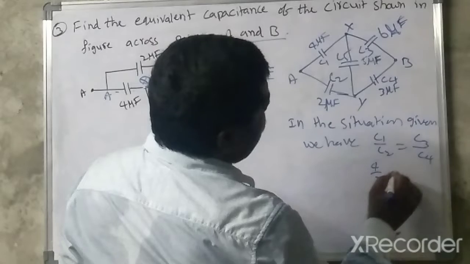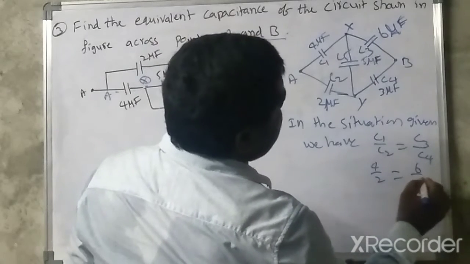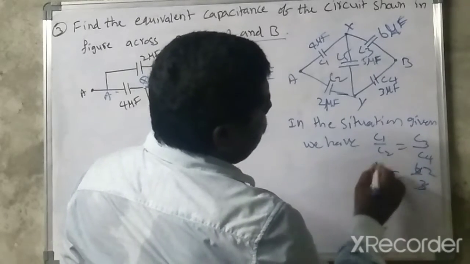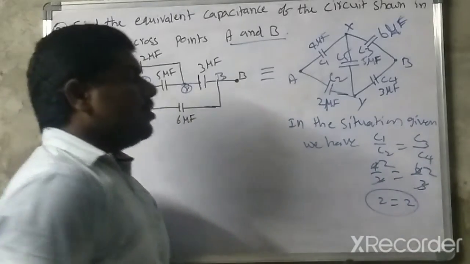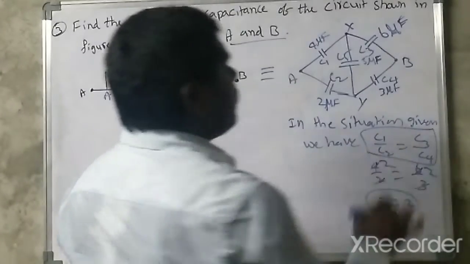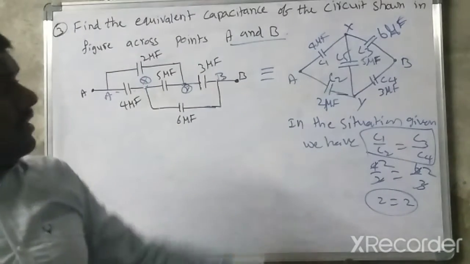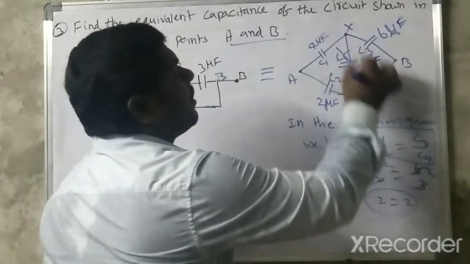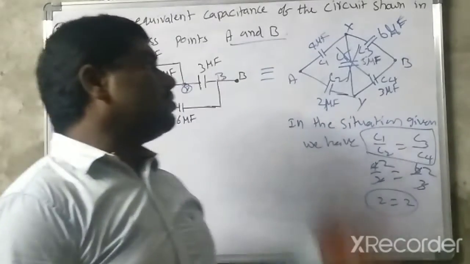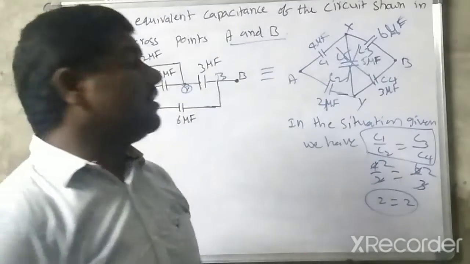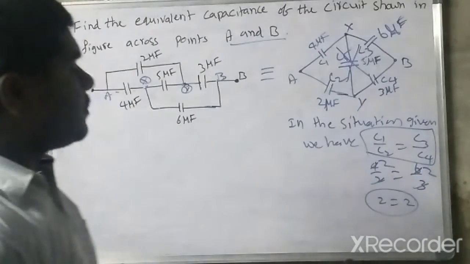So 4 by 2 is equal to 6 by 3. This is the 2, this is the 2. So 2 is equal to 2. It means the bridge is balanced. Whenever the bridge is balanced, you may remove this resistor. No charge passes through this one. I already explained that concept in the Wheatstone bridge.